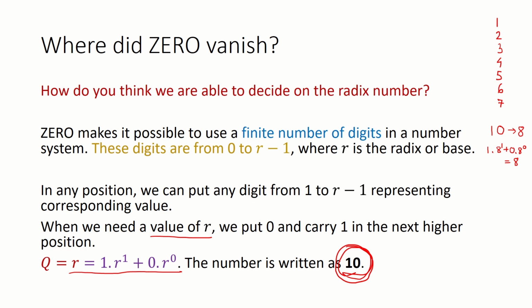We are able to do this only because we can break down the entire range of quantities into a limited number of symbols in a particular position. If we want to go beyond this, we simply put a 0 and put a 1 at the next position, and we get the next quantity.